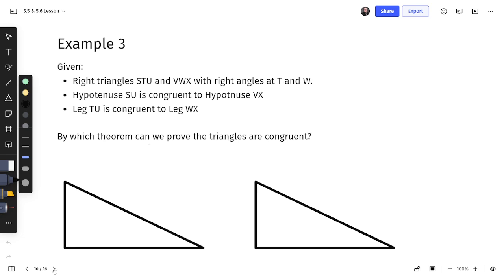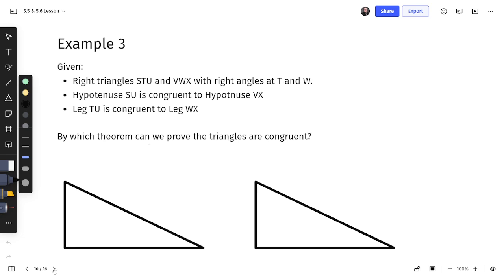And finally, in the third example here, we are given right triangles STU and VWX with right angles at angle T and angle W. As you can see, we don't have a fully fleshed out diagram, so let's go ahead and label what we are given in the problem.